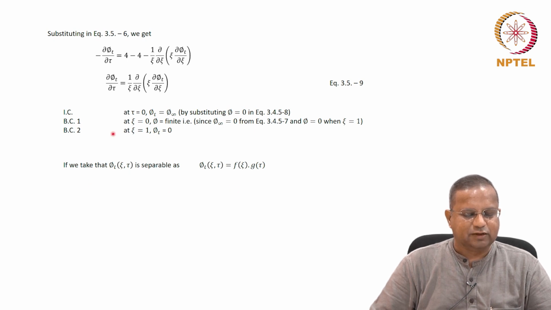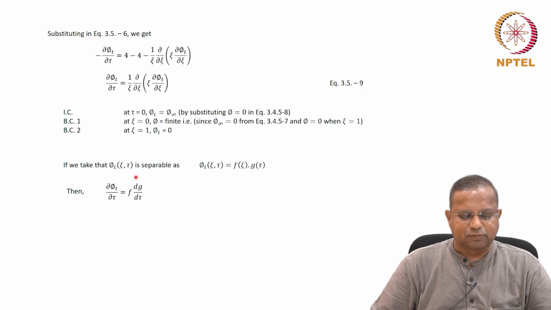If we take this φ̃ of ξ and τ to be separable, as a product of two functions, one being a function of ξ alone, the other a function of τ alone, this is what is meant by a separable case. Then ∂φ̃/∂τ equals f times dg/dτ.